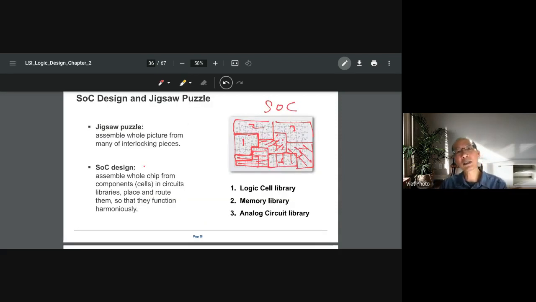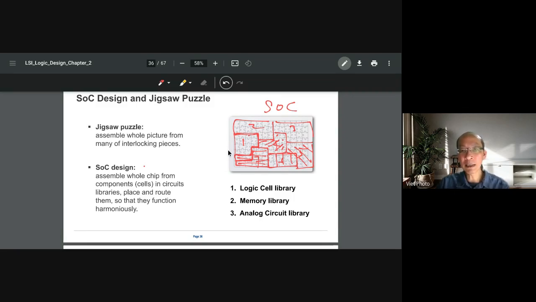SoC design and jigsaw puzzle. As I talked about, SoC, system on chip, means we put multiple blocks in the same chip. The total block needs to be a rectangle, because that's what we put in the chip, and then we can cut it from the silicon wafer into rectangles.